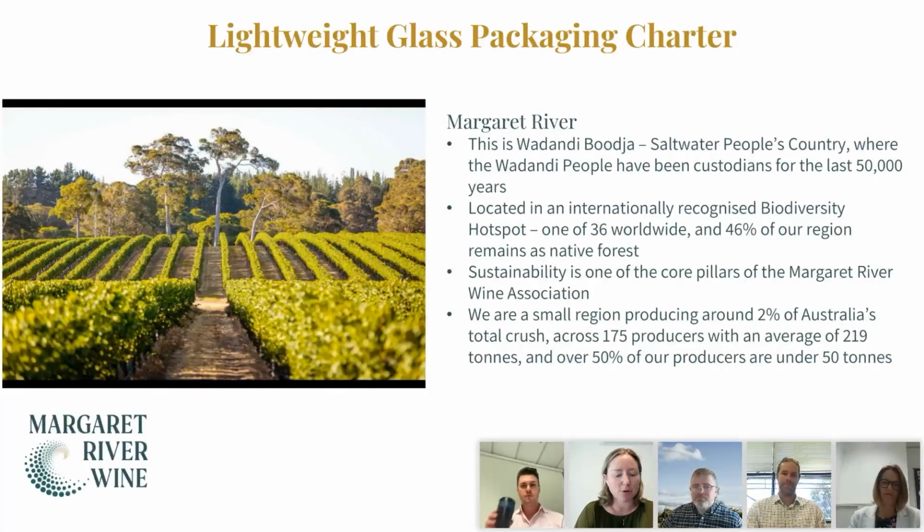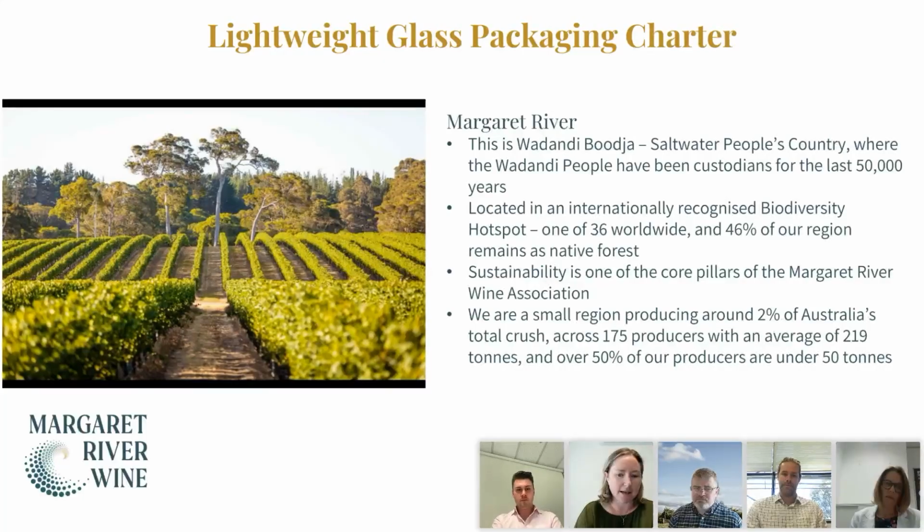We're a biodiversity hotspot, one of 2 in Australia and 36 worldwide. 46% of our region is still covered in remnant bushland, while about 5,800 hectares is covered in vineyard, of which 48% is certified Sustainable Wine Growing Australia and 12% is either certified organic or biodynamic.